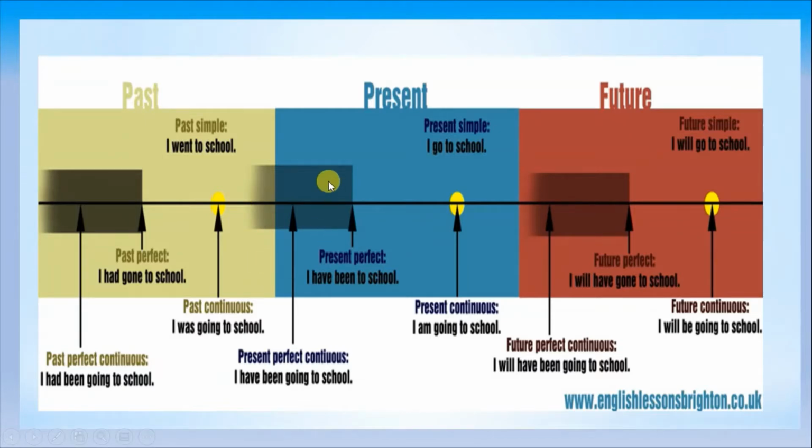For the next tense, the present simple is the verb tense we use when the action is happening right now. I go to school. I teach you. So, the present perfect continuous is constructed from I have been plus root and ing.